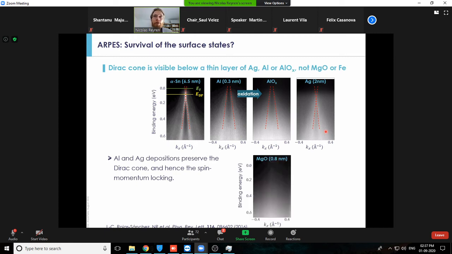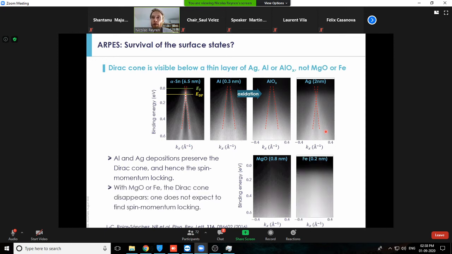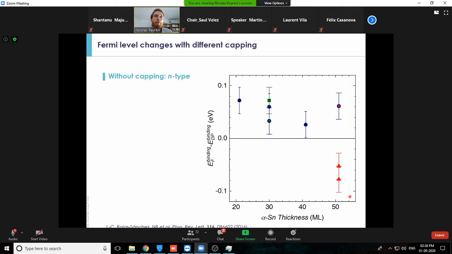On the contrary, if you try to grow MgO, we see that very soon we don't observe the Dirac cone anymore. This is due to the fact that we oxidize the tin layer. Similarly, if we deposit iron directly on top, we also lose track of the cone. So probably in these last two cases, we will not be able to benefit from the spin-momentum locking because there is no more Dirac cone.